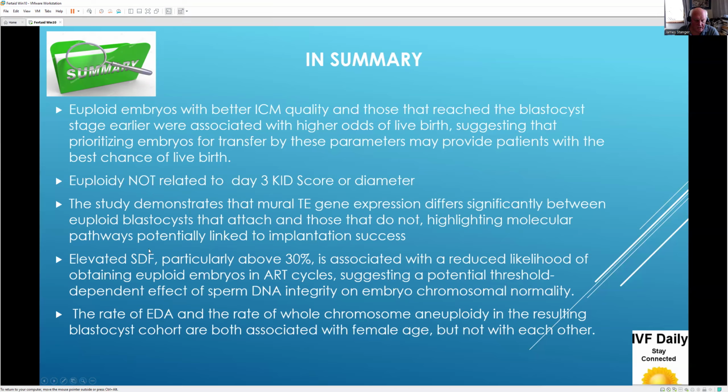Another study also showed that elevated sperm DNA fragmentation, particularly above 30%, is associated with a reduced likelihood of obtaining euploid embryos in ART, suggesting a potential threshold-dependent effect of sperm DNA integrity on embryo chromosomal normality. I think in this respect, and I've discussed this more in a separate YouTube video, most of the aneuploidy in embryos is due to the oocyte.